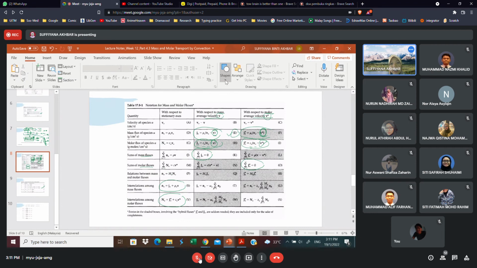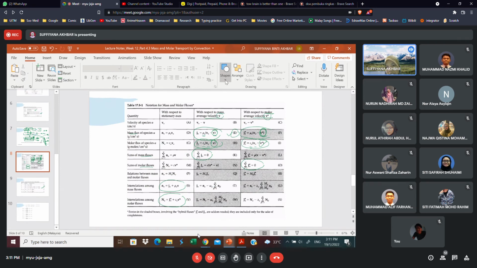Okay. And then you also need to know about the molar flux of species alpha. This one, molar flux. So, bila molar flux, kalau tadi dia ni adalah mass flux kan? So you guna density. So kalau guna molar flux, dia guna capital J. Tadi small letter J. So kalau capital J, instead refer to molar flux.